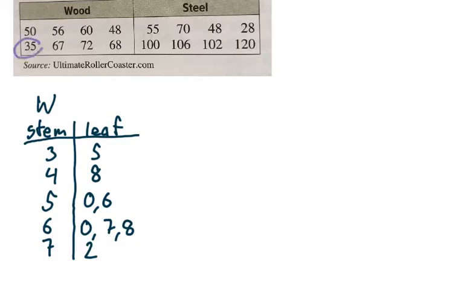I have here the stem of 3 and the leaf of 5 to represent 35. So here the stem is the tens place digit and the leaf is the ones place digit. That gives us a way of putting these into numerical order pretty quickly.